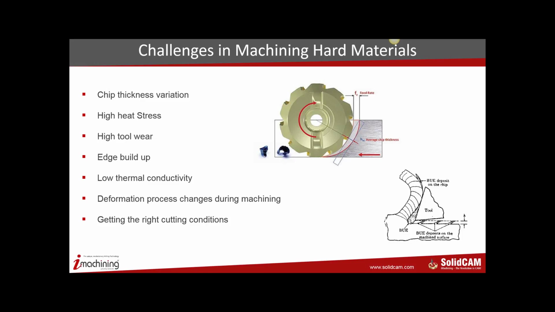And because of the thermal reactivity, edge buildup, and stickiness of the material, the tool wear is very high. If you take a cutting tool, let's say from Iscar for machining Inconel, the tool life would be not more than 20 to 22 minutes, whereas for the same or a similar tool machining steel, the tool life could be as high as 90 to 100 minutes.